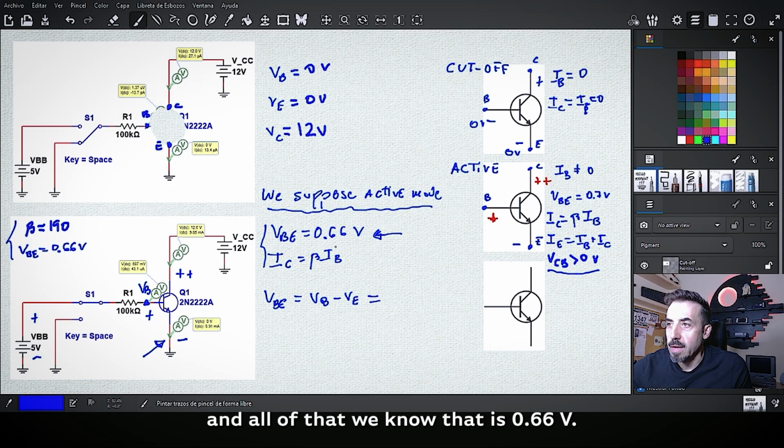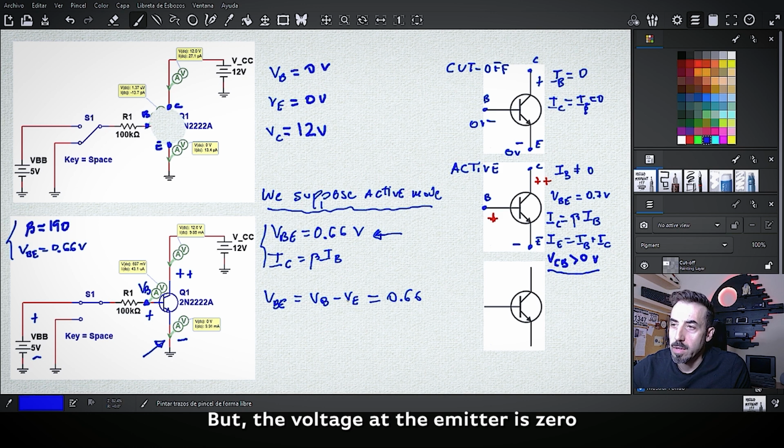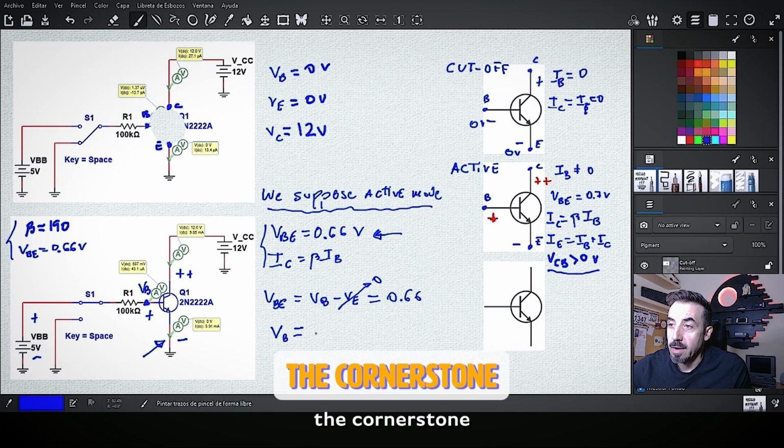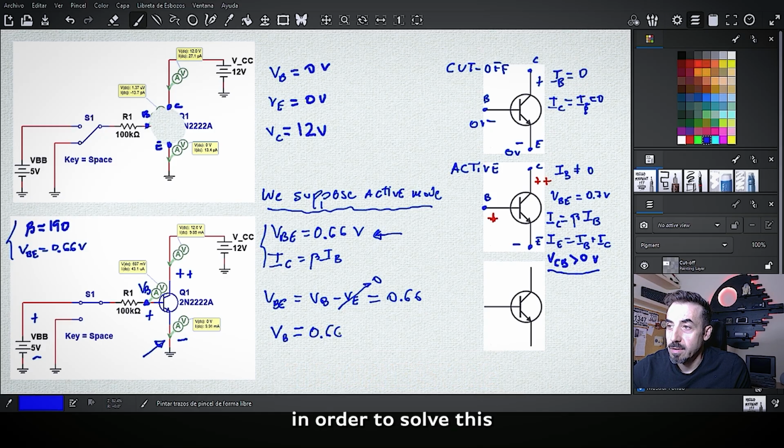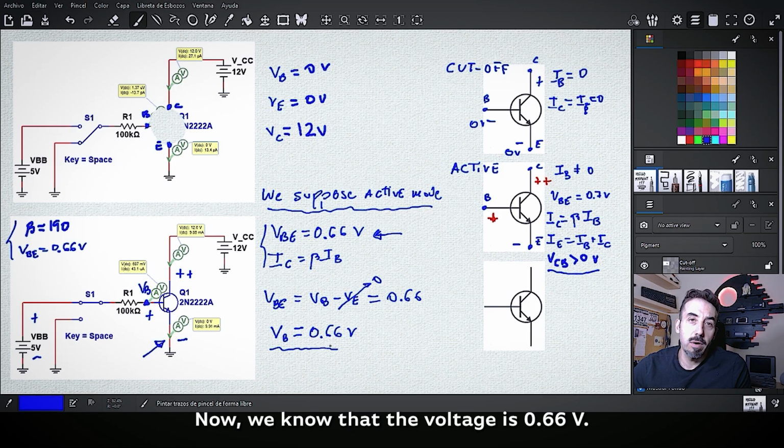All of that we know is 0.66, but the voltage at the emitter is 0 because it's connected to ground, so that is going to cancel. So the cornerstone to solve this problem is that now we know the voltage at the base is 0.66 volt.